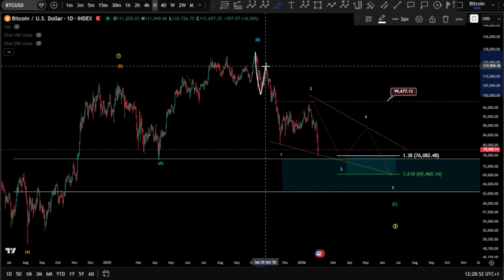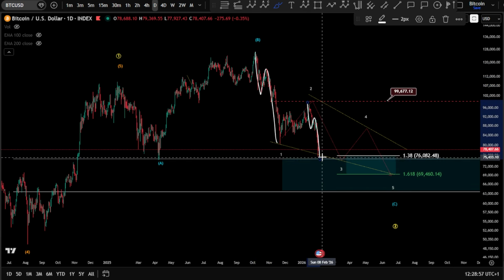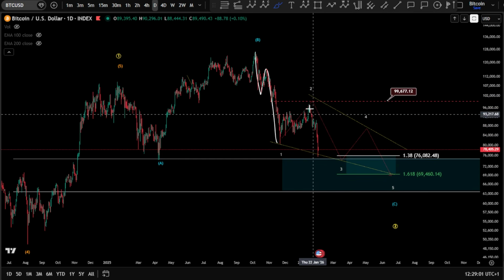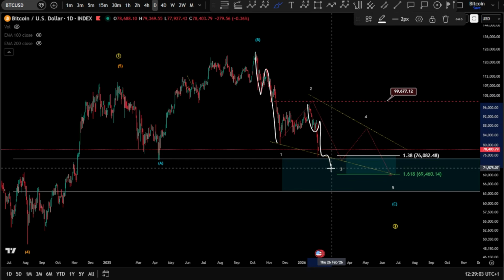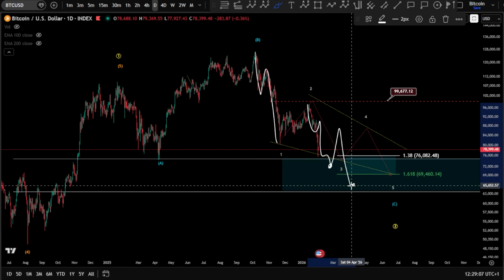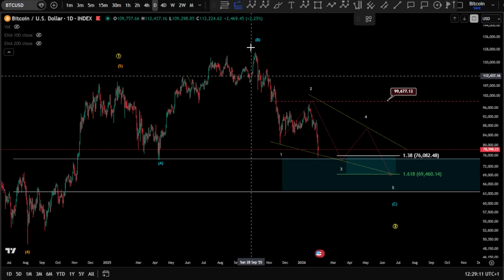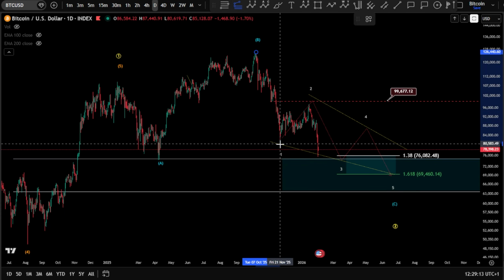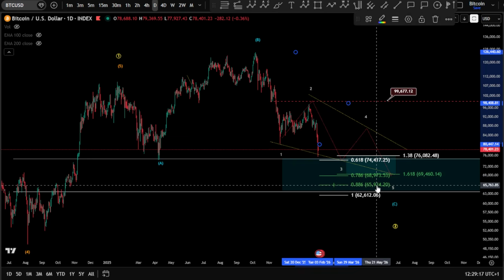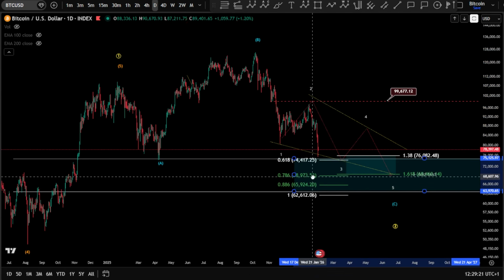Because of this ABC, I'm starting to wonder if this is just going to be a simple ABC for this wave 3, or a 1, 2, 3, 4, 5 for wave A, and then B and a C later on to get deeper, where we might hit exactly the wave 3 targets as we mentioned. So currently, I would say the perfect targets are exactly in there. And it starts to become something much more aggressive.